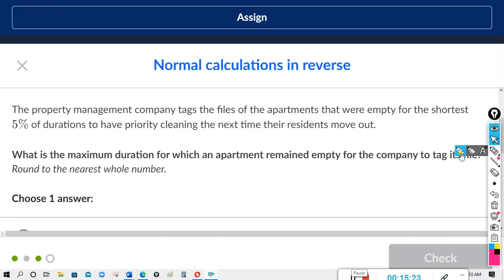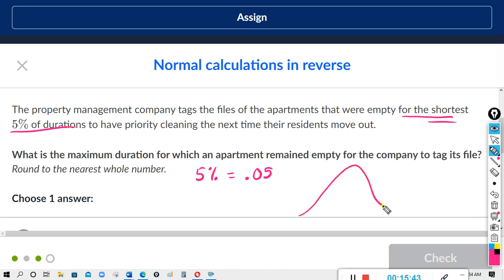Just as a quick example here, it says the shortest 5%. So 5% is the same as 0.05. Since it says the shortest 5%, that would just mean you're going to the left here, and this area is going to be 0.05.